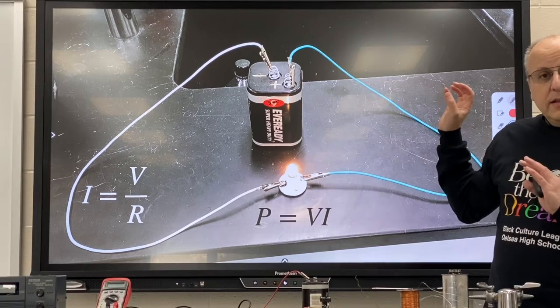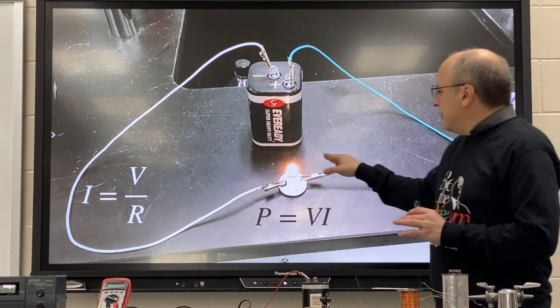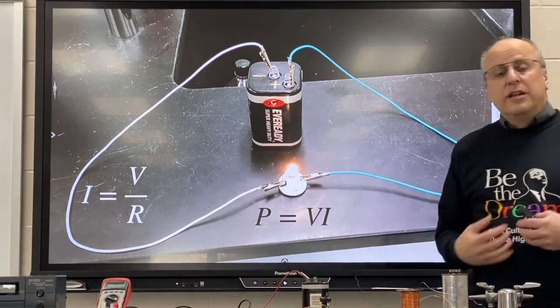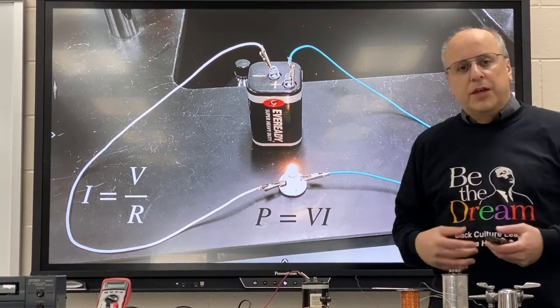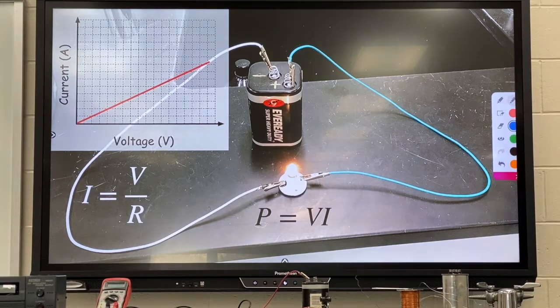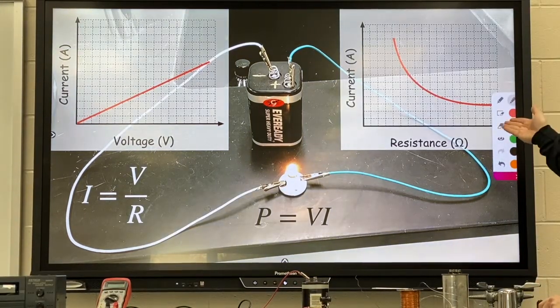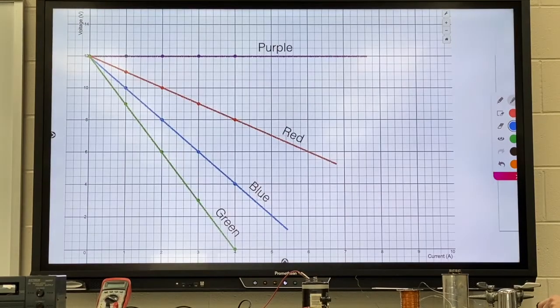So the independent variables are your resistance and your voltage, and then the current and the power are a result of those. So more voltage gives you more current, and more resistance gives you less current.